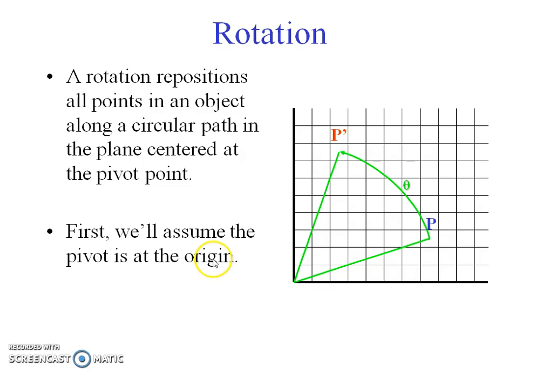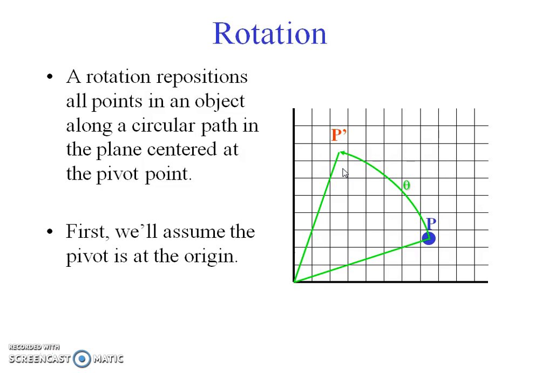And the second transformation is rotation. Rotation repositions all the points in an object along a circular path in the plane centered at a pivot point. First, we will assume the pivot is the origin point, and the original point is P, and the displacement is done along a circular path.